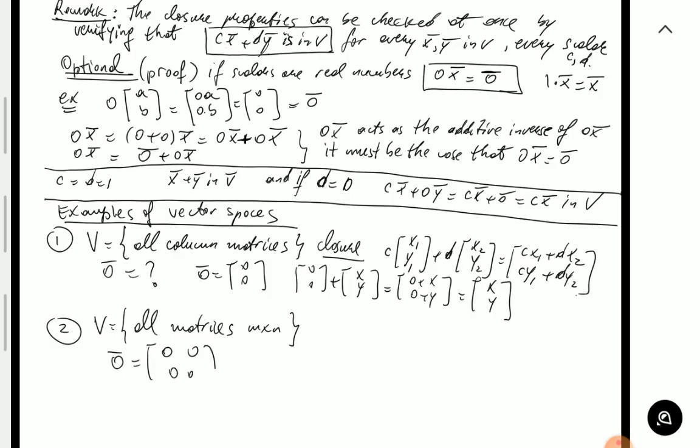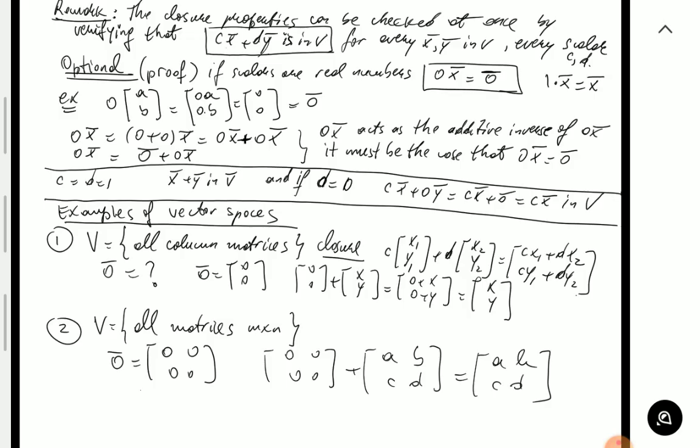That's going to be the matrix with all 0 entries. If I add zeros everywhere to a 2 by 2 matrix, I get the same matrix. What is the additive inverse?